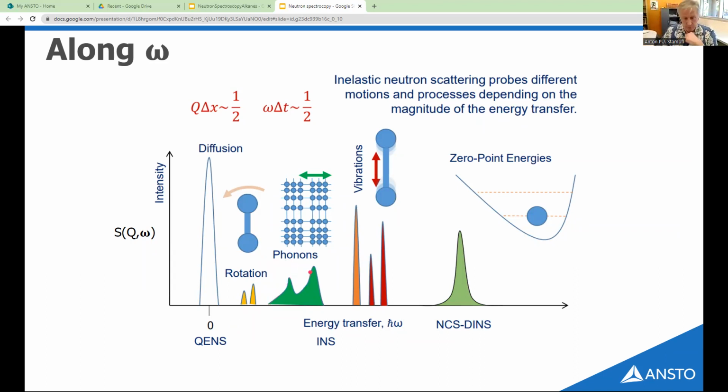So in particular, in the range that we're looking at with the Brillouin filter, which is about 10 meV right up to about 200 meV, we're probing phonons and vibrations. And these vibrations in Q space are more or less constant, except for this normal distribution that I was talking about, because of the Debye-Waller factor and this prefactor. There's a normal distribution, but they're flat. We probe the intramolecular vibrations, a bit like infrared and Raman, except over the entire Brillouin zone.